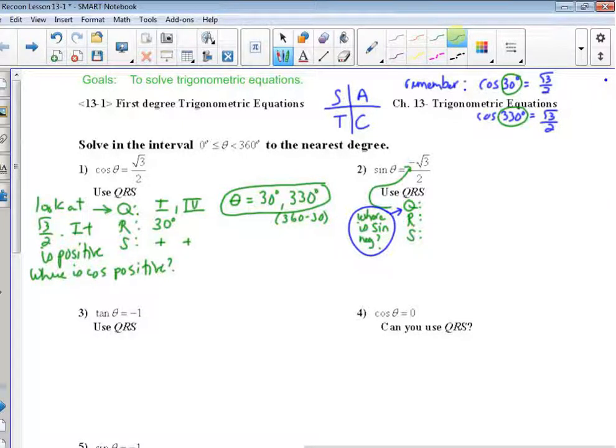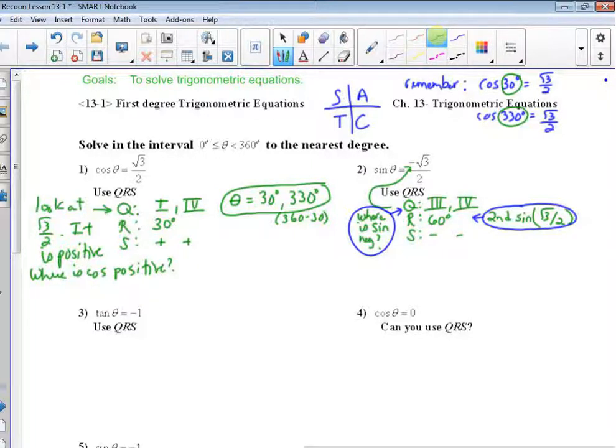And it is negative in quadrants 3 and 4. To find the reference angle, I'm going to do second sine positive radical 3 over 2. And that, or we could just know from our chart that the sine of 60 is radical 3 over 2. And we're just double checking that those are both negative.